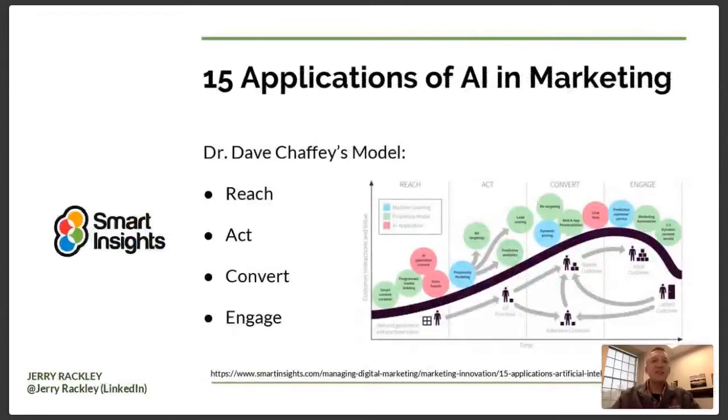There's a digital strategist named Dr. Dave Chaffey, who is co-founder and content director of Smart Insights. I'm not going to take you through this infographic, but I want to point you to it because Dave has identified 15 applications of AI in marketing. What I like about this model, if you were to go and look at it on the website and study it more closely, is that it shows where AI is along the customer journey, how AI is being deployed all across that journey.